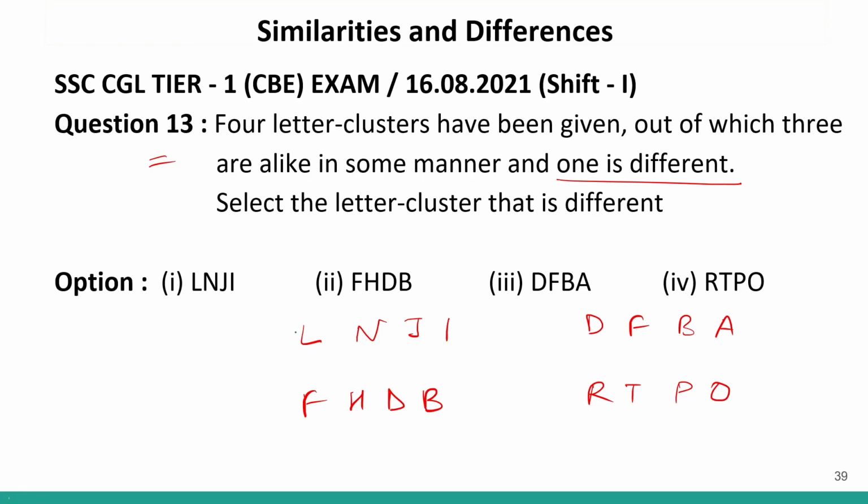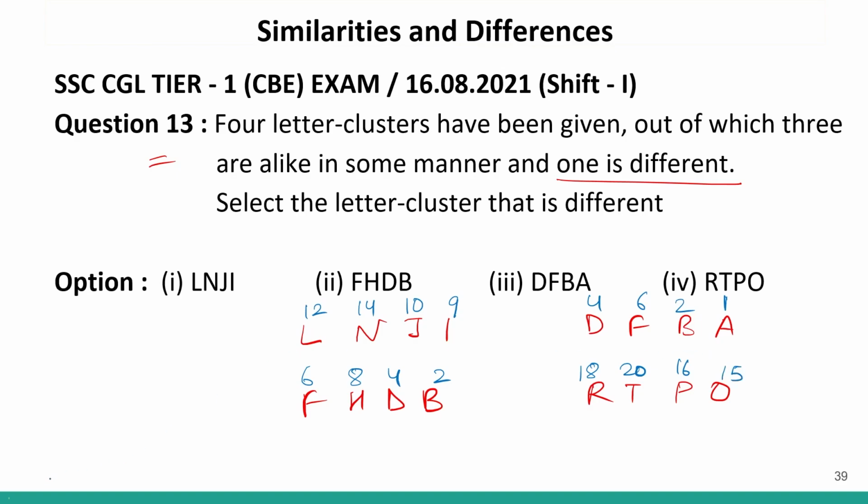So if I give them forward ranks, L is 12, N is 14, J is 10 and I is 9. Okay. Over here 6, 8, 4, 2. Then 4, 6, 2, 1 and R is 18, 20, 16 and O is 15.